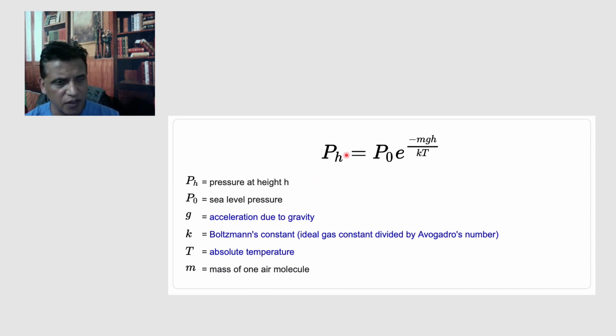This is pressure at height h is equal to pressure at height 0, which is sea level, multiplied by e to the power of minus mgh over kT. So it takes into account the weight and also the temperature of atmospheric gases. But it does not take into account humidity, because atmospheric pressure is also affected by humidity.